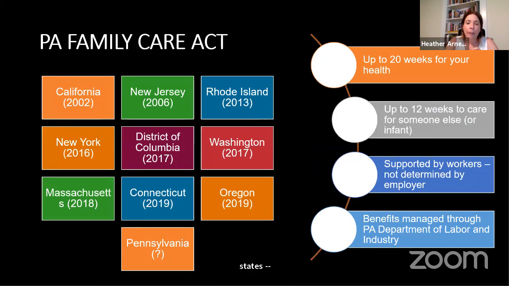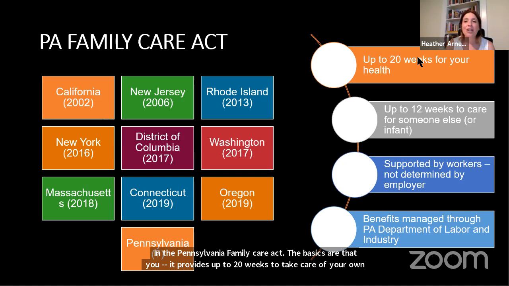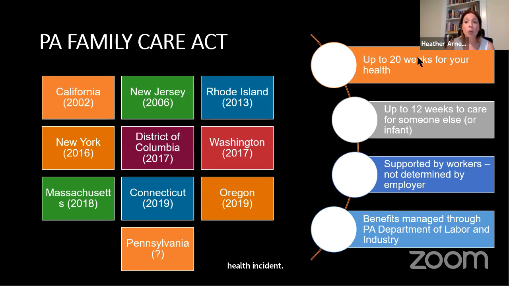Next slide. So let me tell you a little bit about what's in the Pennsylvania Family Care Act. The basics are that it provides up to 20 weeks to take care of your own health incidents. So if you were needing to take time off to take care of yourself, it has up to 20 weeks for that, up to 12 weeks to care for someone else.